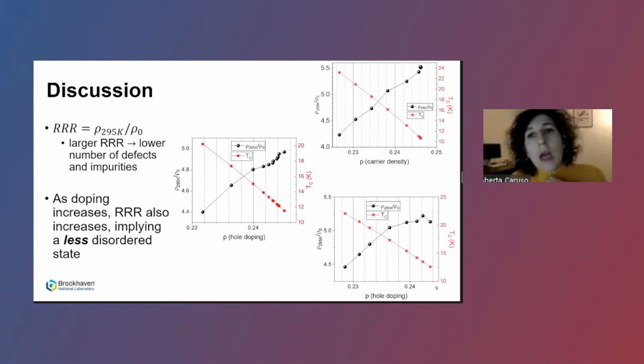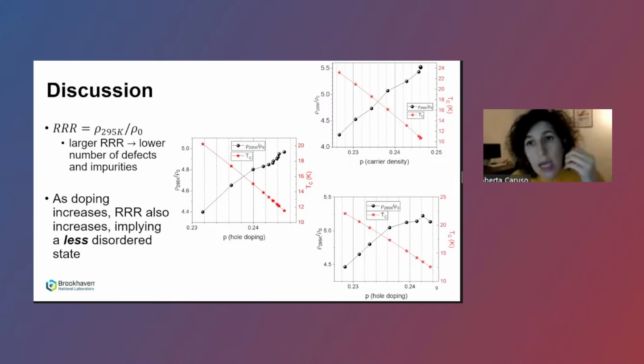The residual resistivity ratio is a common way to have a qualitative measure of the quality of the sample in terms of defects, impurities, and generally speaking, disorder. So a larger RRR indicates a lower concentration of defects and impurities, and so a less disordered state.